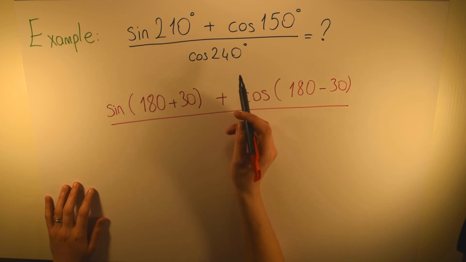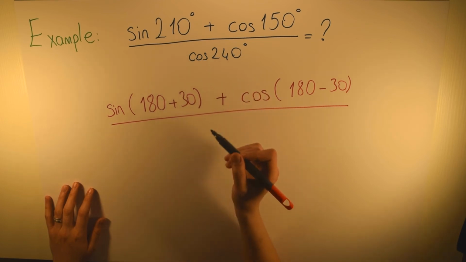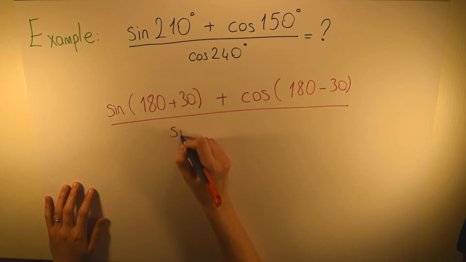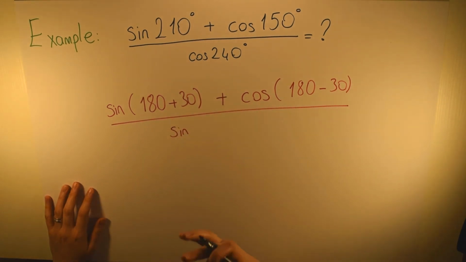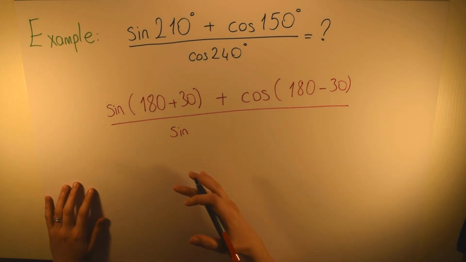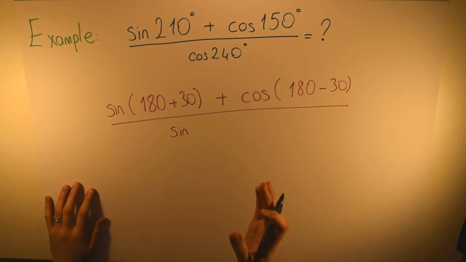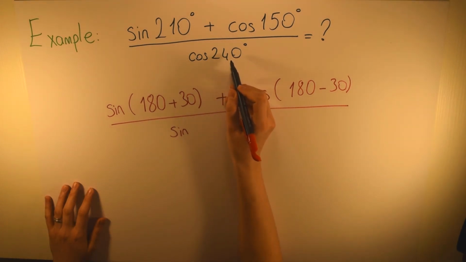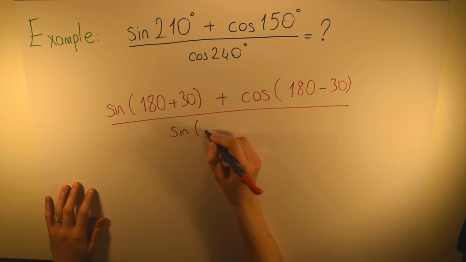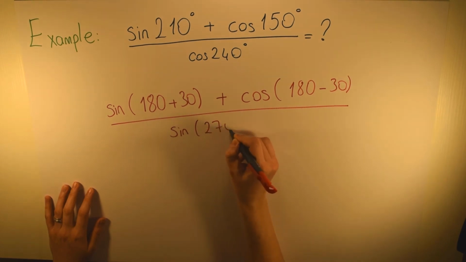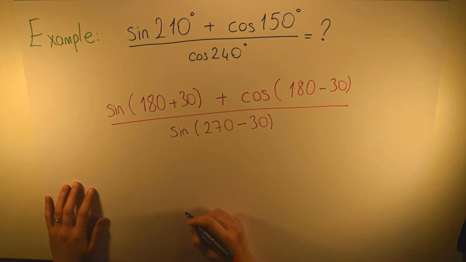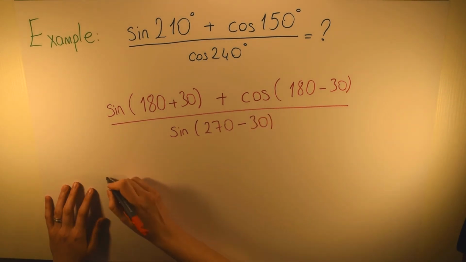In this case, the function changes, so cosine will become sine. When I write based on the vertical line, I have to rewrite based on 90 degrees or 270 degrees. This angle is close to 270 degrees, that's why I write this as 270 minus 30 degrees. Okay, let's continue.